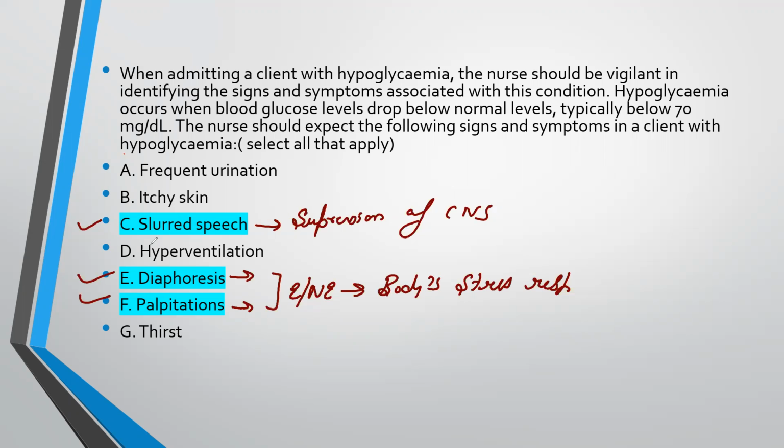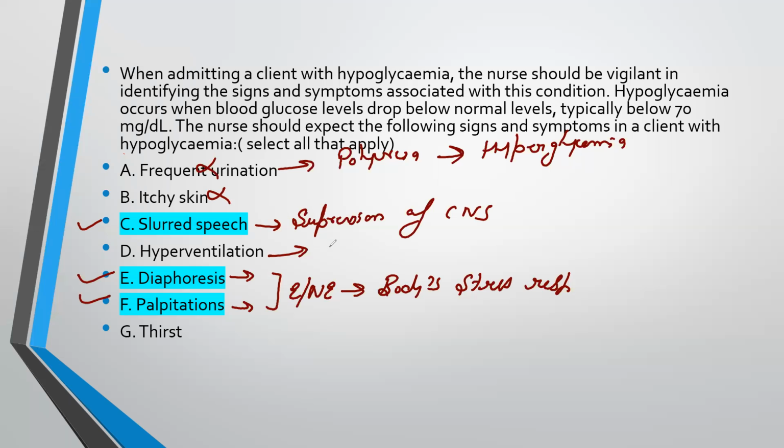Hyperventilation is not associated with hypoglycemia, because it is a condition of hyperglycemia due to the acid production. So it is not related to this condition. Also frequent urination is a condition of polyuria, and polyuria is seen in hyperglycemia. Itchy skin is also not a typical symptom of hypoglycemia.